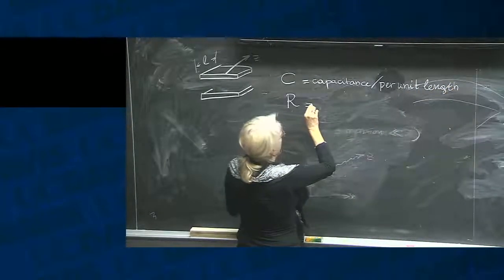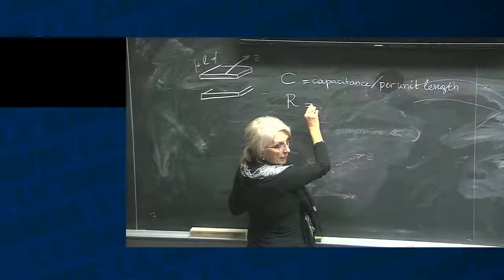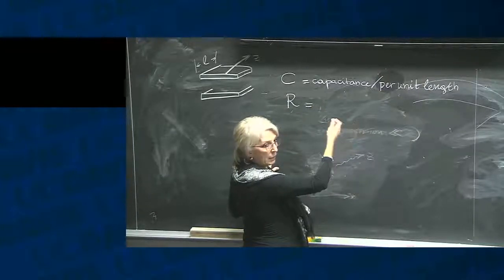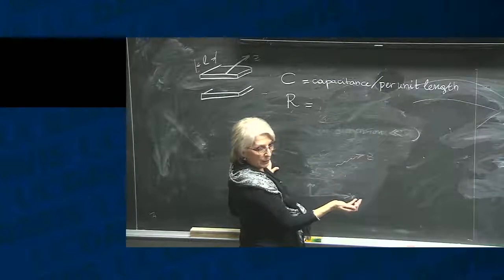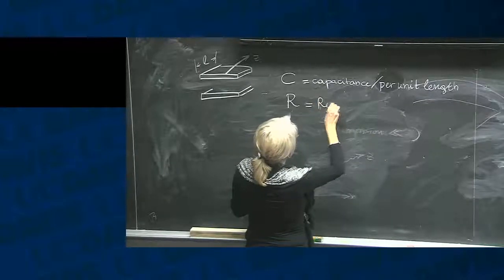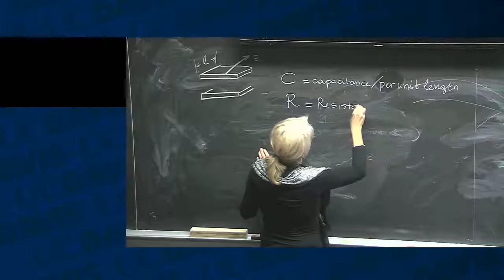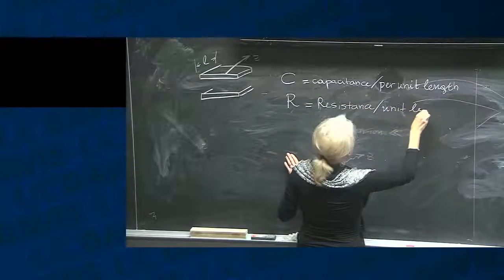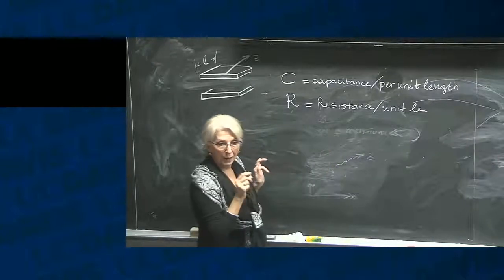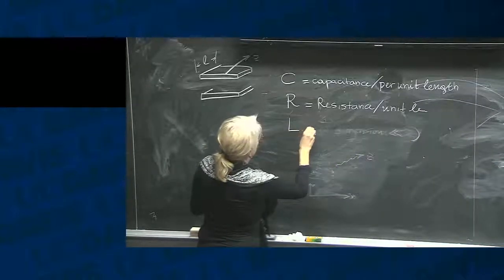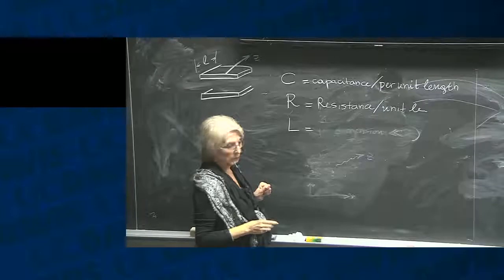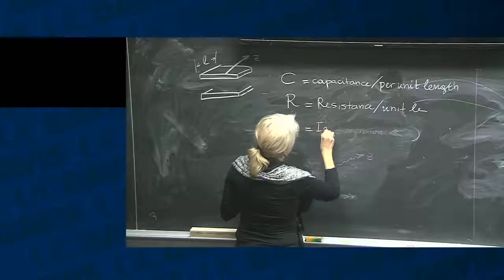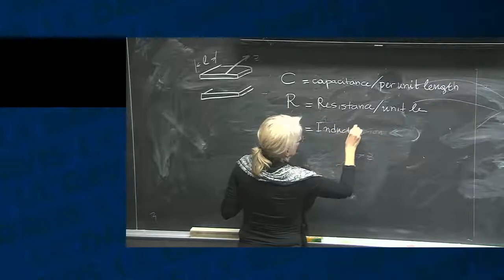And a resistance per unit length, because for a given length it was ohms, but in reality it was a resistance per unit length, okay? And then when we did magnetostatics, we found L per unit length, which is an inductance per unit length.